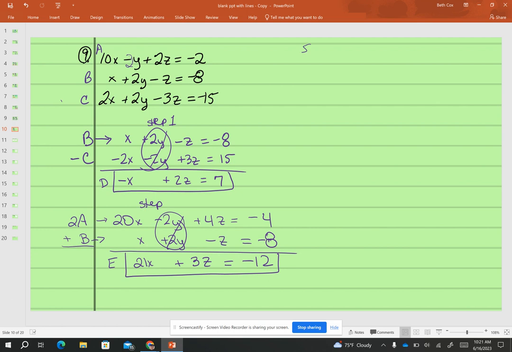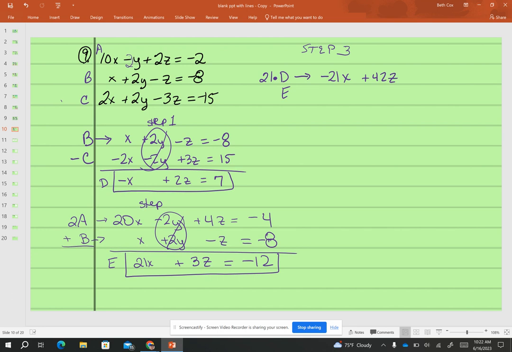Step 3, I take my D and my E equation and I have to eliminate. Okay, so now I'm studying, and I think what I'm going to do is I'm going to multiply D by 21. If I do 21 times the D, the x's will eliminate. So that's what I'm going to do. So 21 times negative x. I got to do 21 times 2, which is 42.